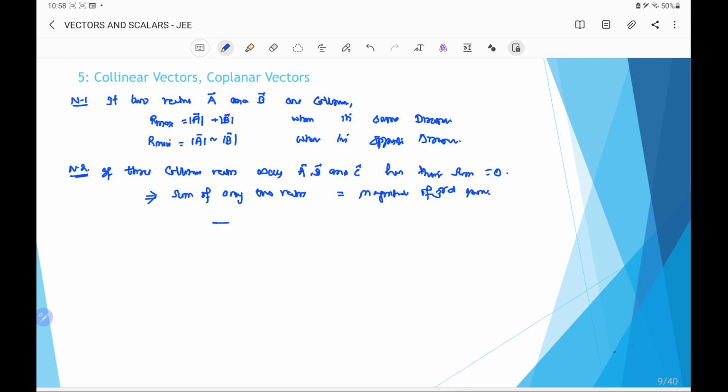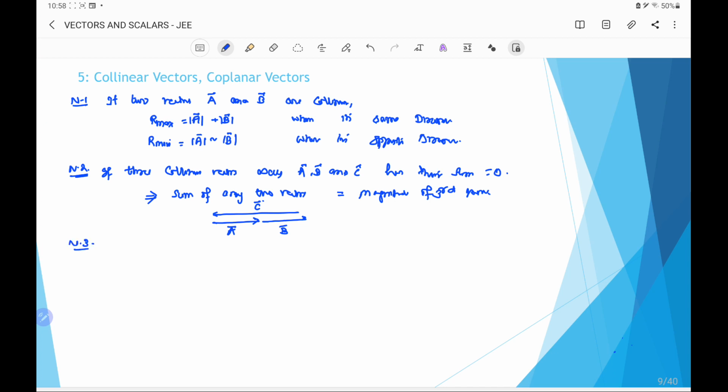That means if one vector A is along the line and another is also along the same line, then the third vector will be opposite to make the total sum equal to 0.